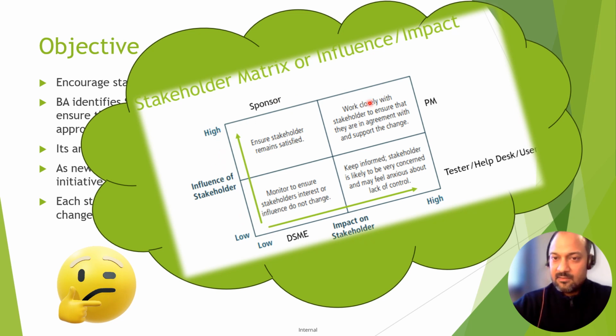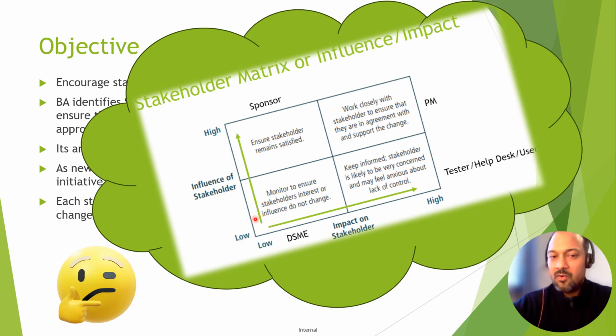This is where high influence and high impact is seen. We work closely with such stakeholders. Where high influence and low impact is seen, we ensure that those stakeholders remain satisfied.